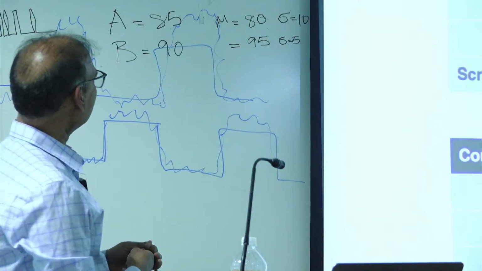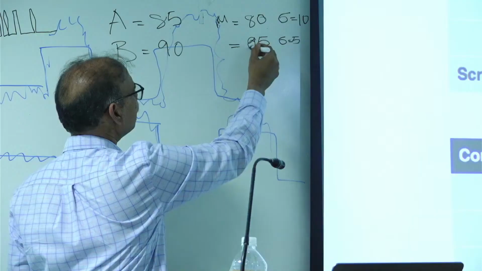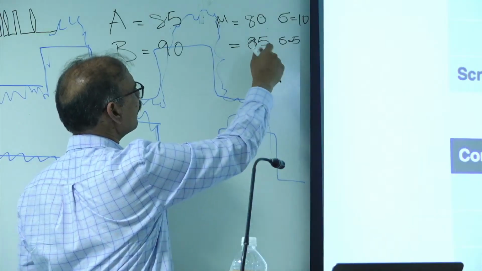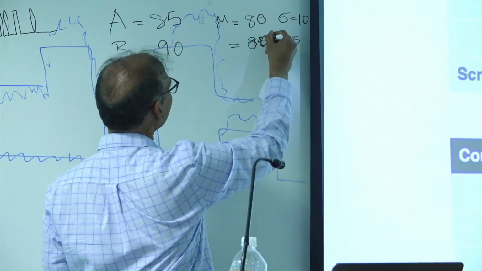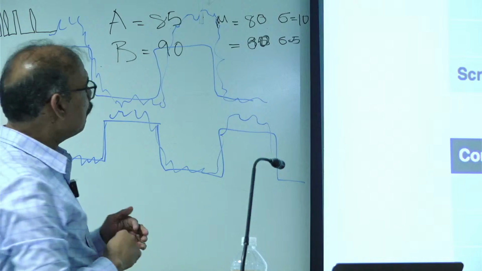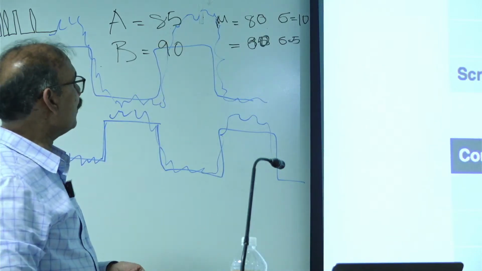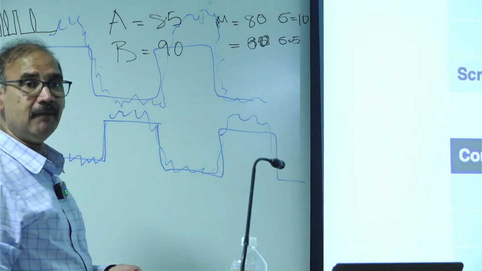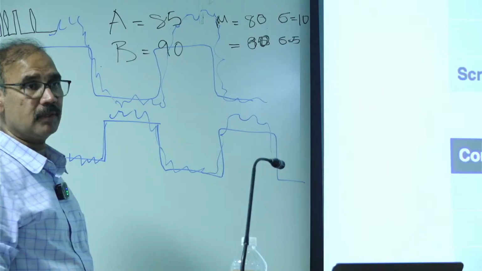Okay, no. Let's make it 80. Let's say the mean, maybe it's easier. So for both cases, the mean was 80. In the first one, the variance was 85. In the second case, the variance was 5.